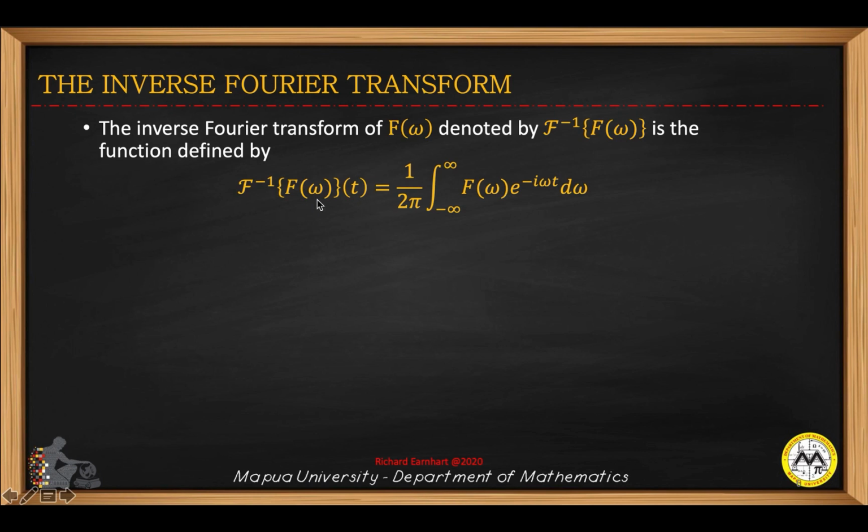This is the given function in terms of omega, and the inverse is 1 over square root of 2 pi, integral from negative infinity to positive infinity of F of omega e to the i omega t d omega, for all t provided that the above integral converges.